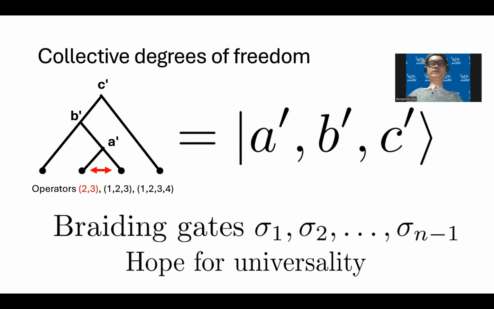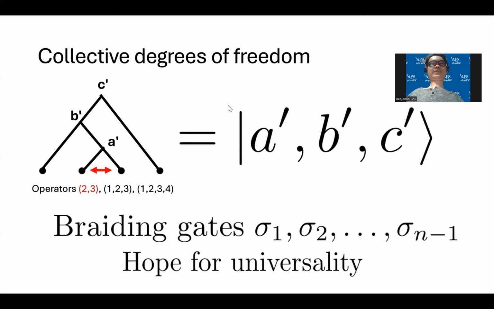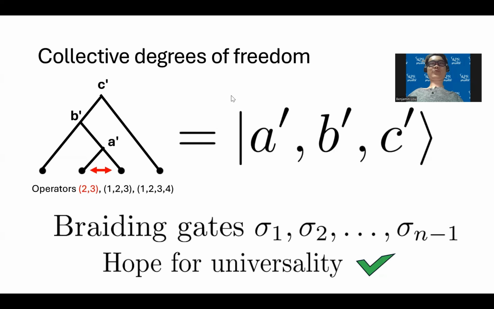At this point, we hope that this set of gates is universal on at least a very big portion of our topological Hilbert space. And happily for us, for most anyon models, including the Fibonacci anyon model, this is correct, and we get topological quantum computation, which is universal. Thanks.